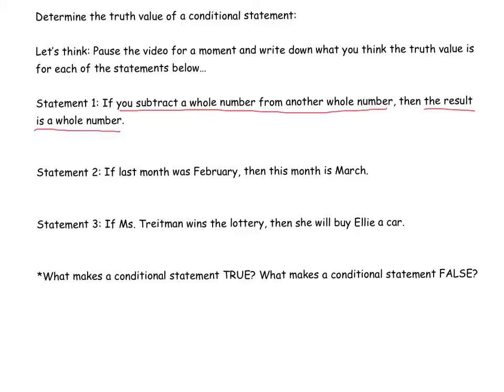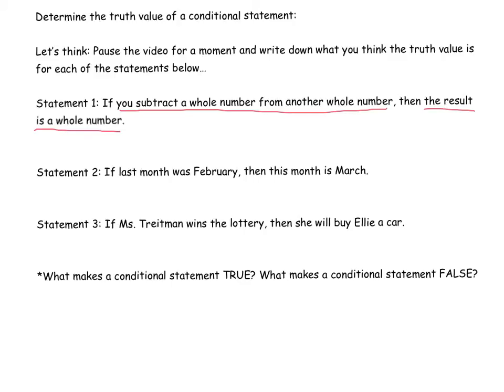Well, I'm going to need to know a couple of things here. First of all, a whole number does not include the negative numbers, so that's kind of the trick here. So if you remember that whole numbers are the positive integers and 0, then we can think about whether or not we can think of a counterexample.